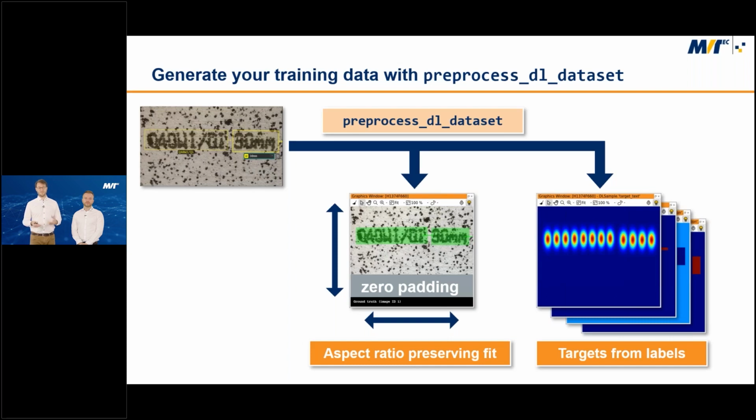So these score maps that are pictured here: character score map, so where is a character; link score map, what characters are actually linked as in a word; and orientation score maps, how is the bounding box oriented. The preprocessed DL dataset procedure does that for you from the bounding box labels of your text. So it automatically generates these score maps that the network then needs as targets for training.